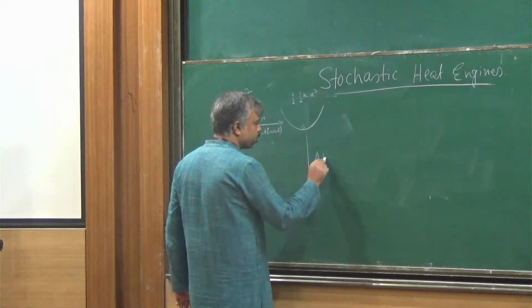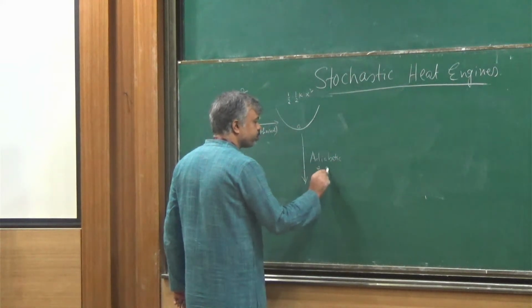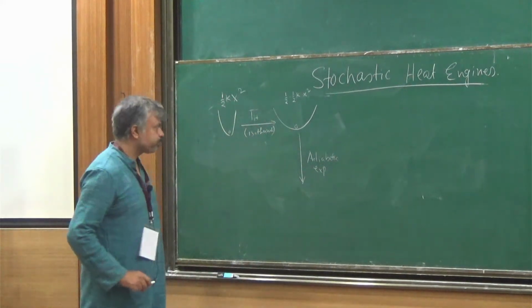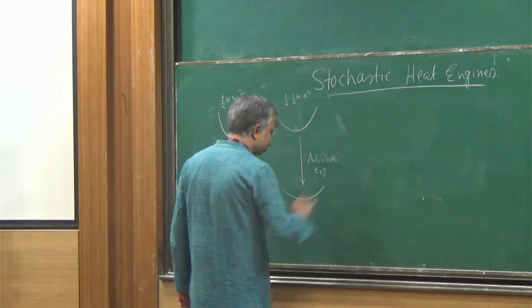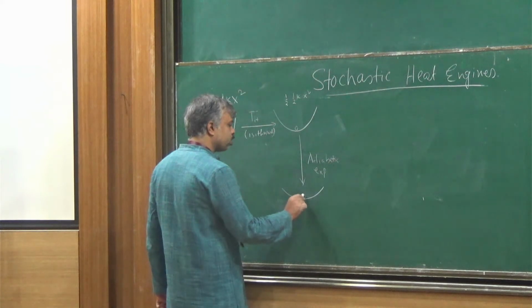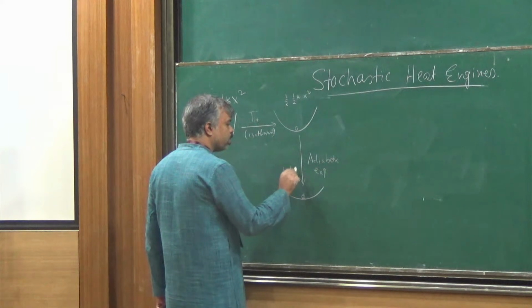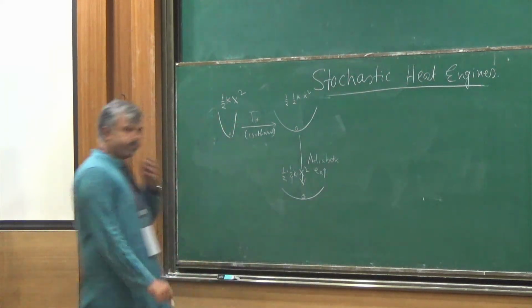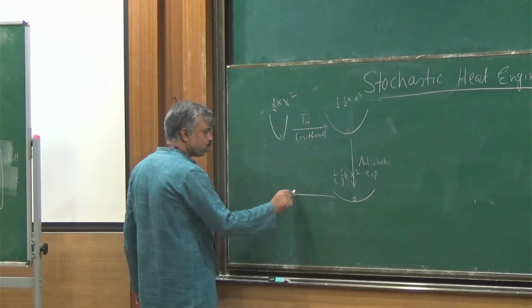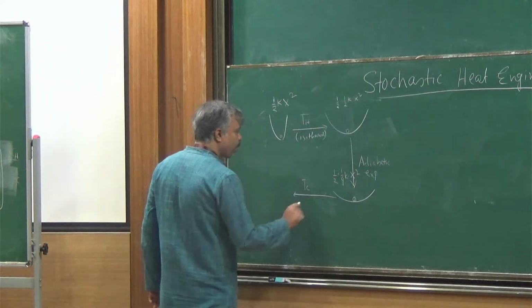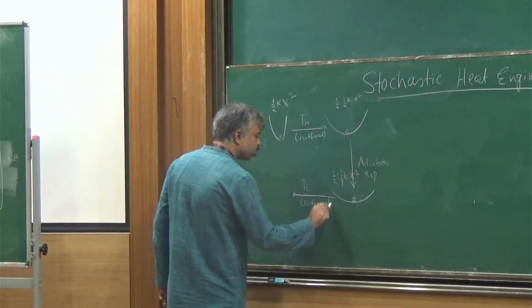Then adiabatic expansion. So this is even more. So this is a particle, and you have 1/4 K x square. Then this is DC, isothermal compression.